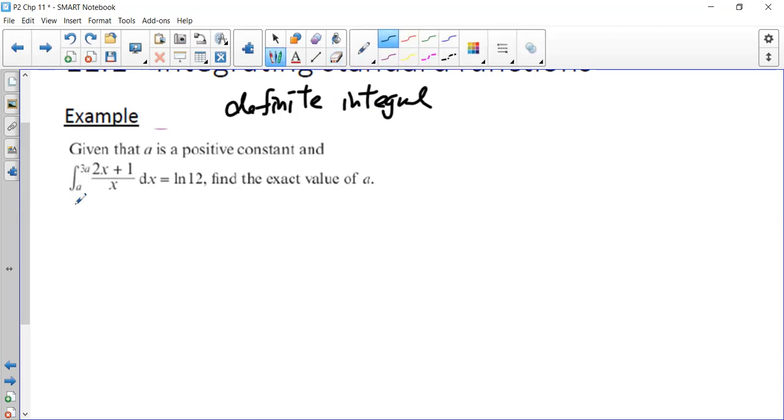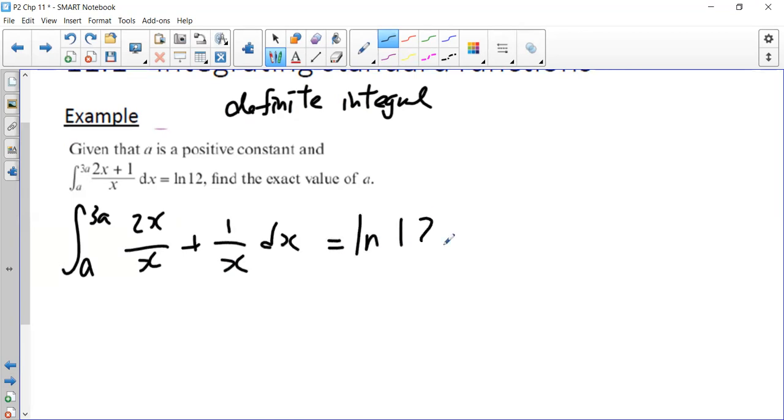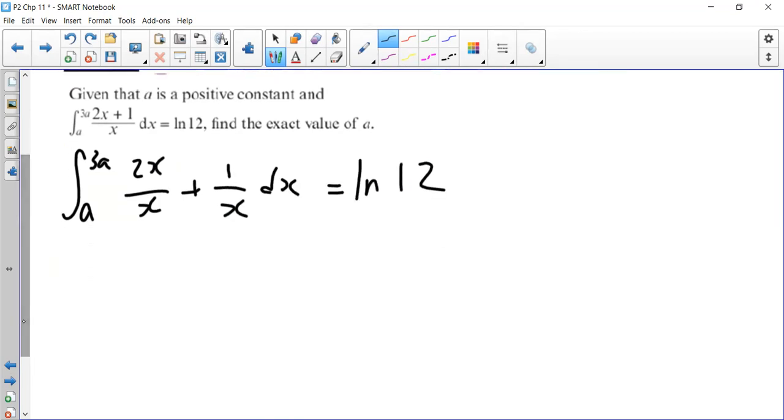So let's integrate. Now, you see a fraction. Normally in differentiation, you'd be thinking about the quotient rule. There's no such thing here. What we need to do is split the fraction. 2x and x cancel out into 2, plus 1 over x.